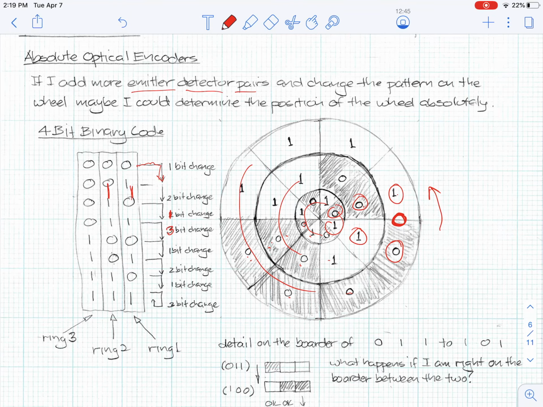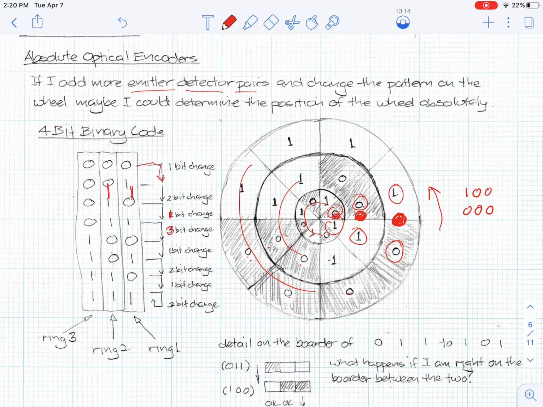Let's say that just for happiness sake, these two, I'm going to make them solid so they won't get confused with zeros. These two have transitioned completely. But this one's kind of sitting on the edge. So now, looking at it, it's either going to think it's at 1, 0, 0 or 0, 0, 0.